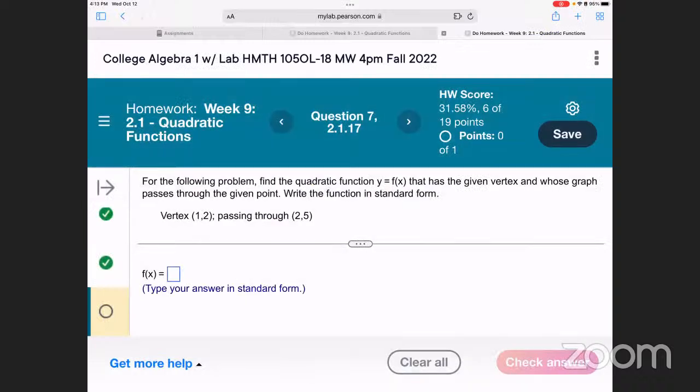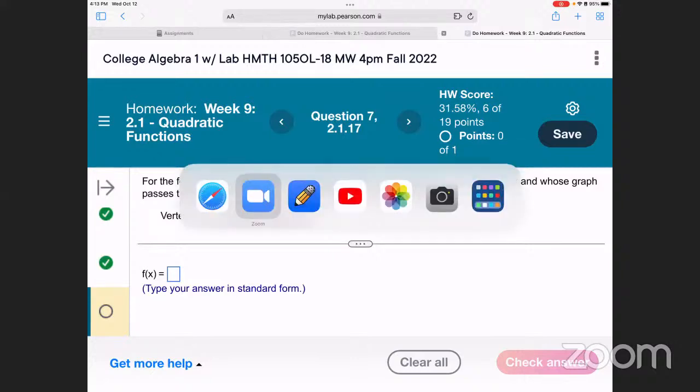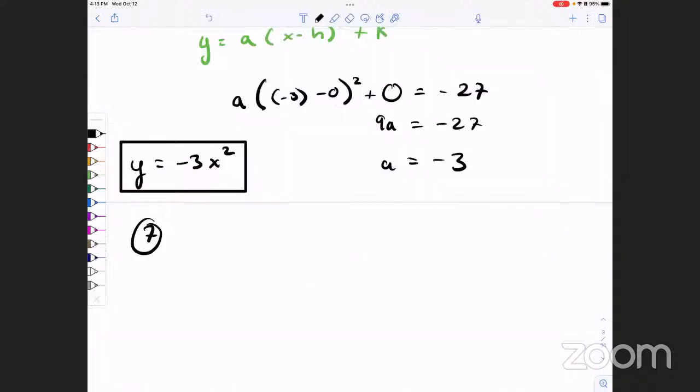This was the same deal, but the vertex is now 1, 2 passing through 2, 5. This is question 17. So this is question number 7. This comes from 2.1, question 17.